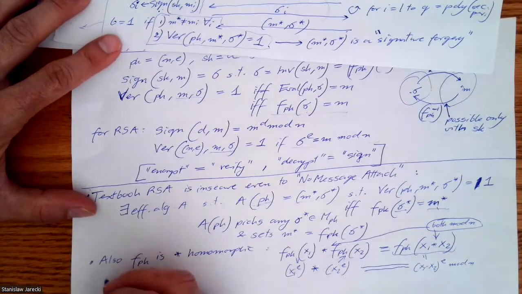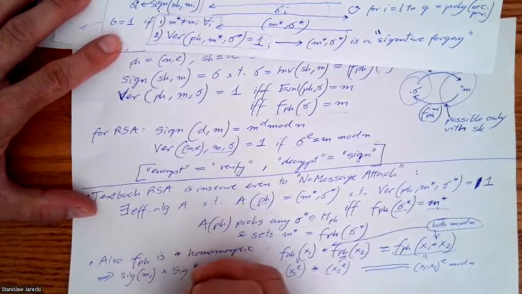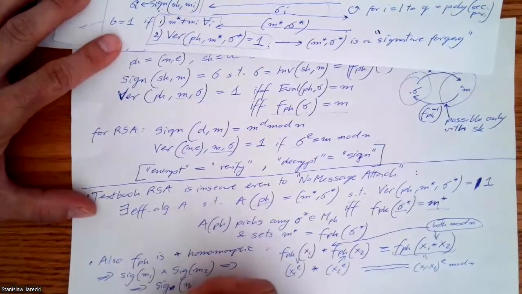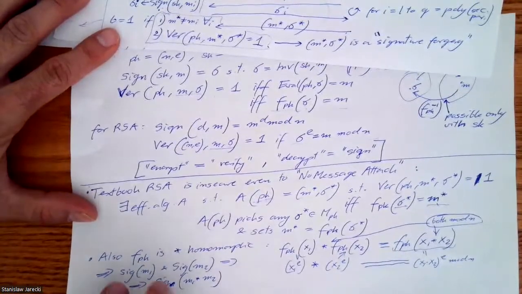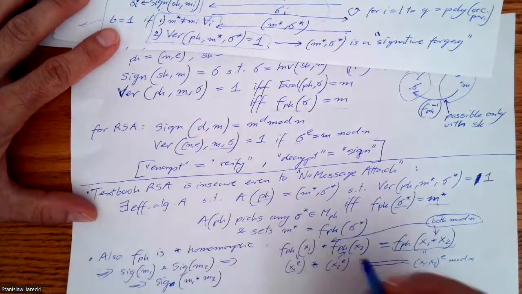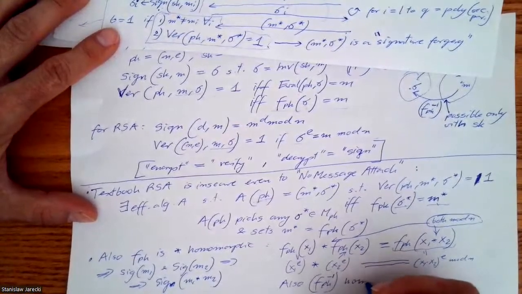Why would that be bad? Because this implies that from a signature on M1 and a signature on M2, you're going to get a signature on, for example, M1 times M2. So F_PK is homomorphic. Also, the inverse is homomorphic in the same way.